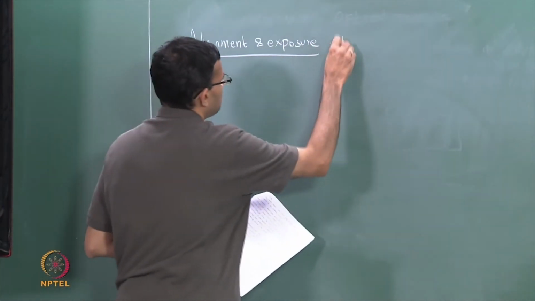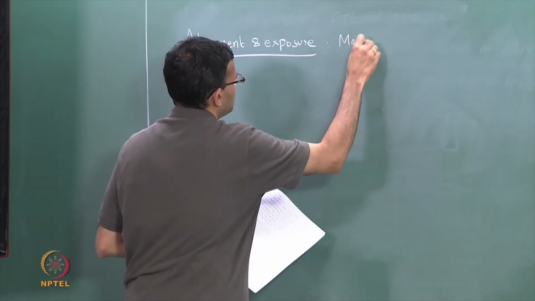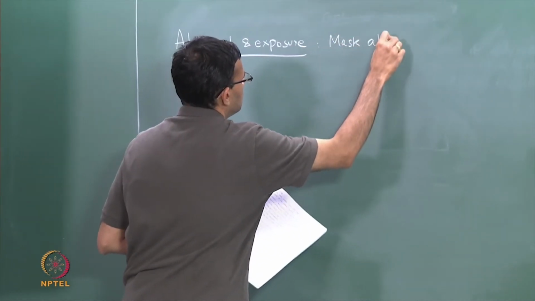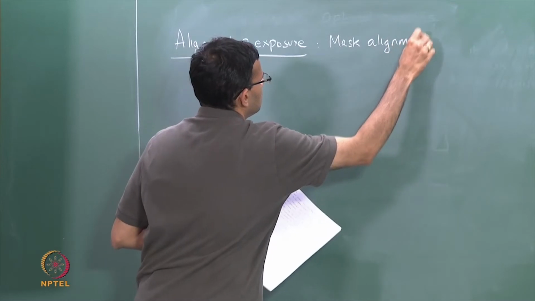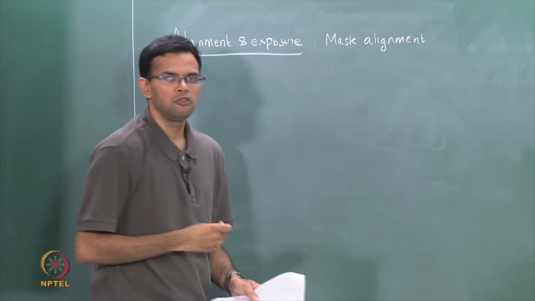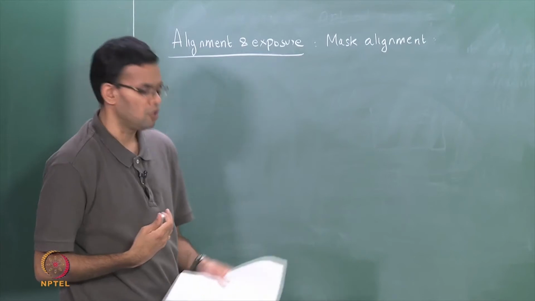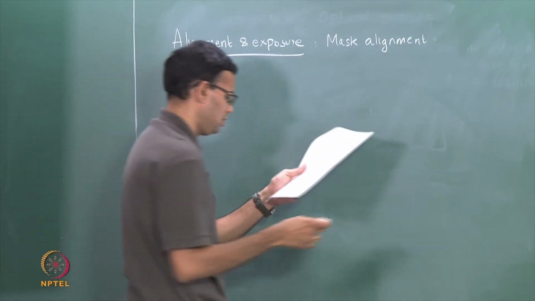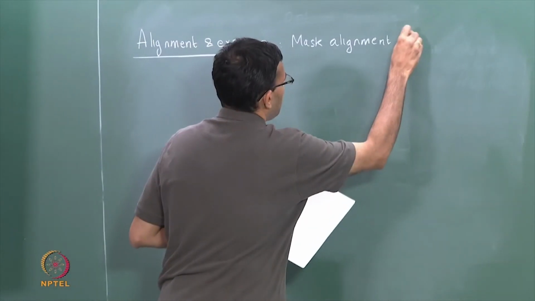So the first step is mask alignment. And this is usually done by using something called an alignment marker or alignment marks.